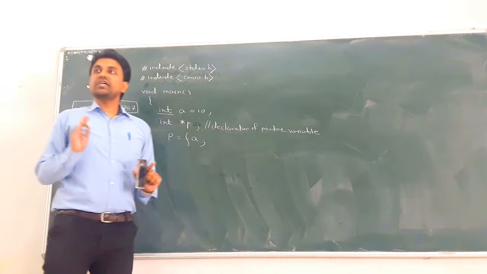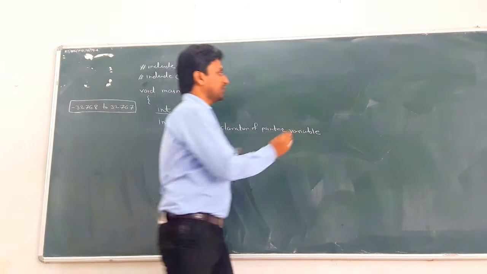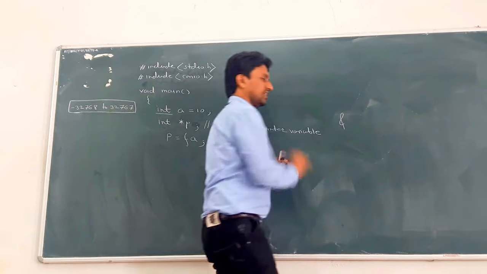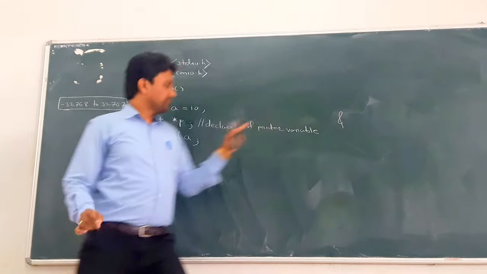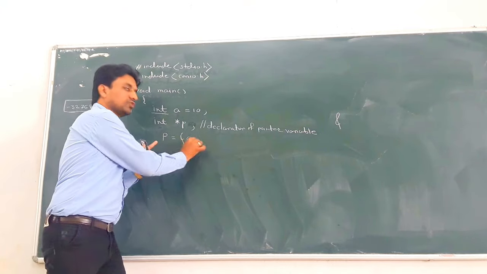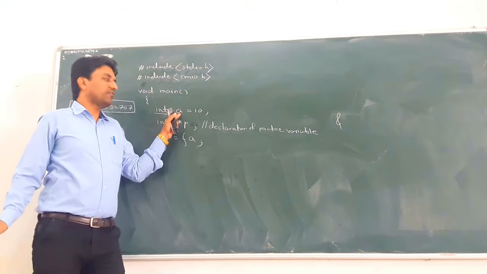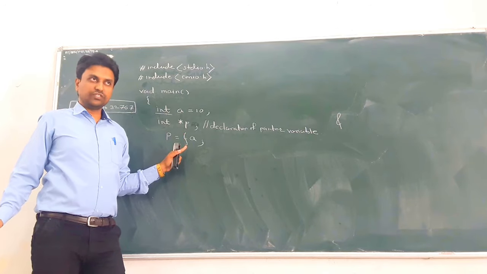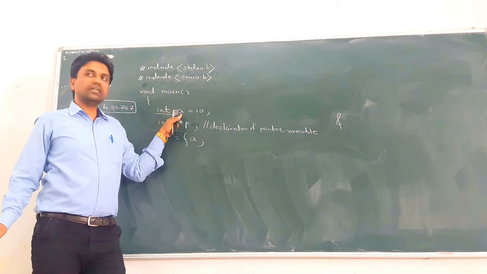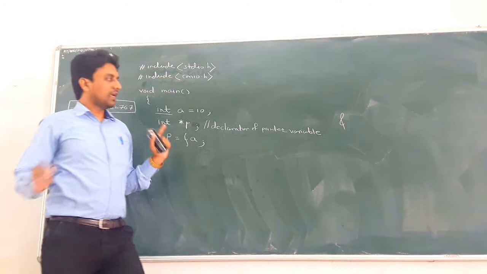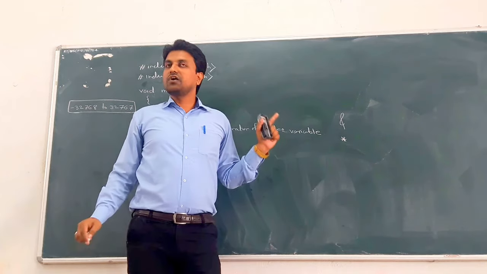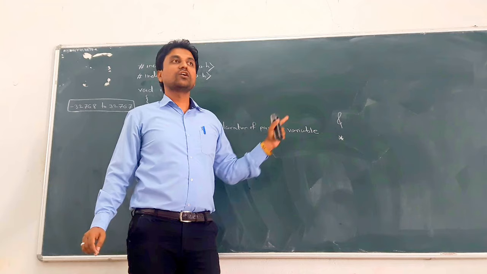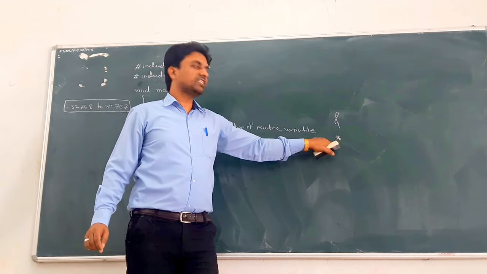So there are two types of operators in pointers. First is ampersand. This is called the address of operator. It gives you the address of a value variable. Another is called the asterisk notation, or star, or it is also called the indirection operator, that is used with a pointer.